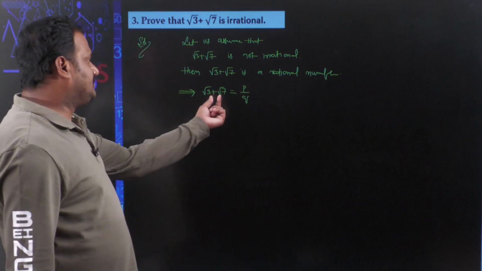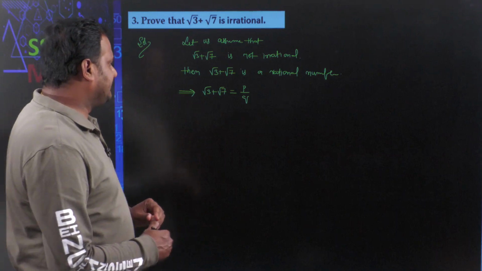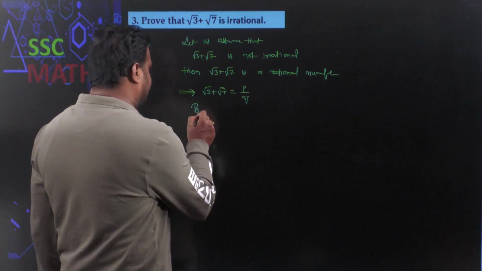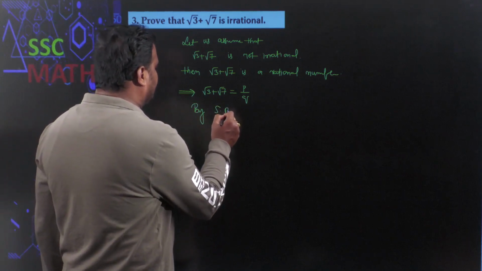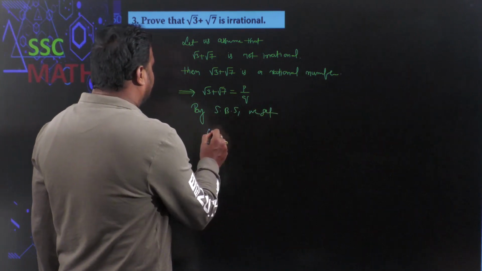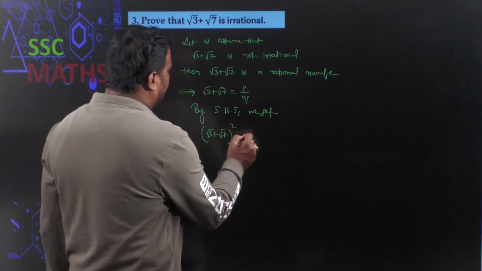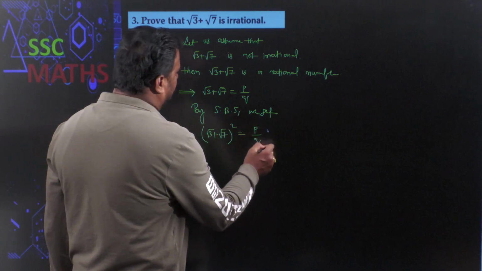I cannot transpose one number to that side, because again that is an irrational number. So I would do one thing, that I will square it on both sides. So by squaring on both sides, we get root 3 plus root 7 whole square is equal to p divided by q whole square.